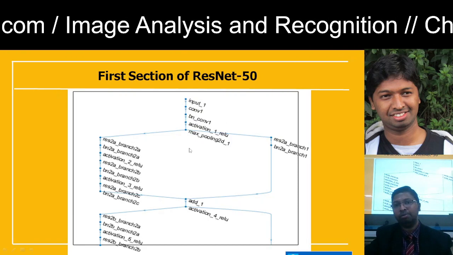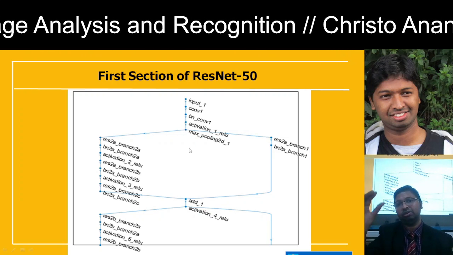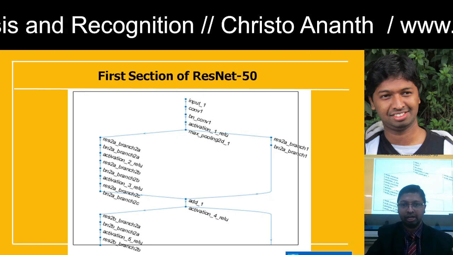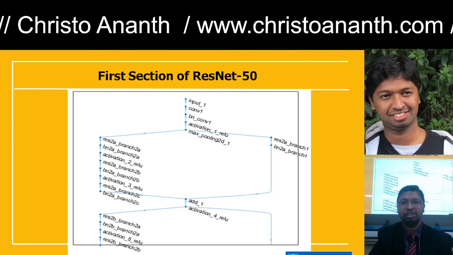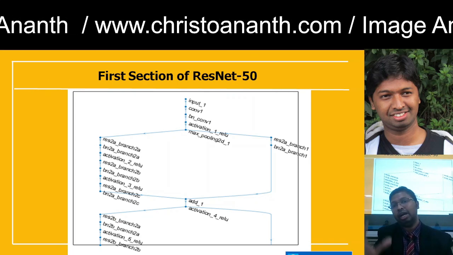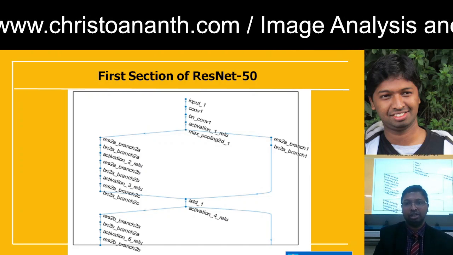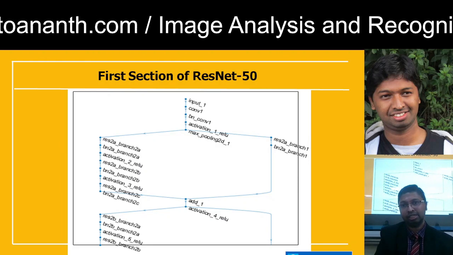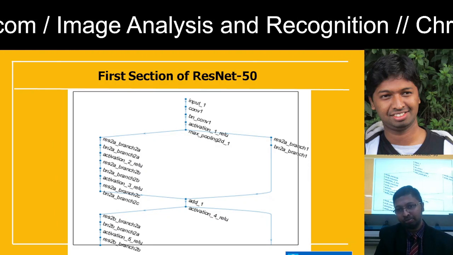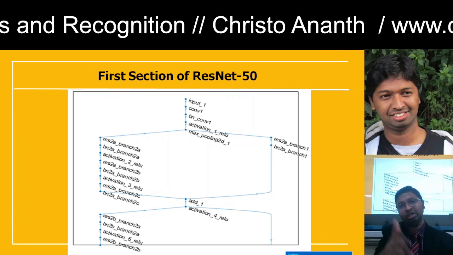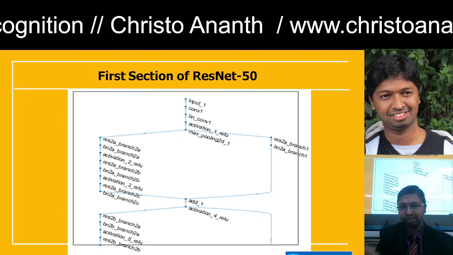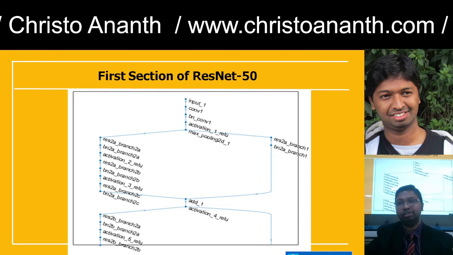Then it will have different sections: input 1, convolution 1, bn, then activation, maximum pooling. That is split into residual branches: res2a branch 1, bn2a branch 1, and this one, branch 2a, will have more. Everything will be added in order to activate the models.